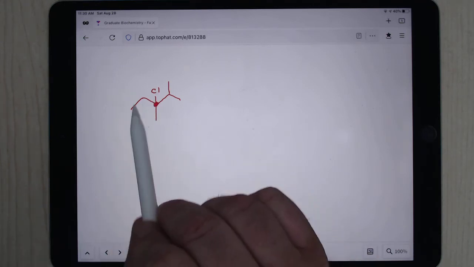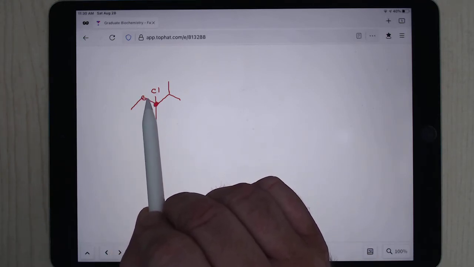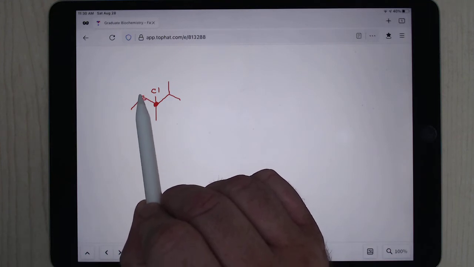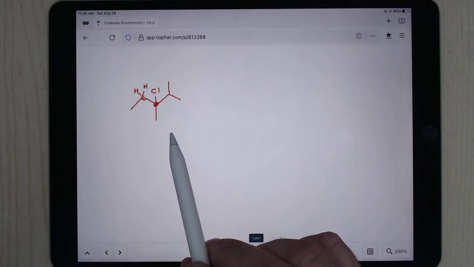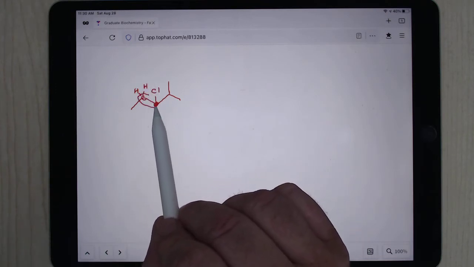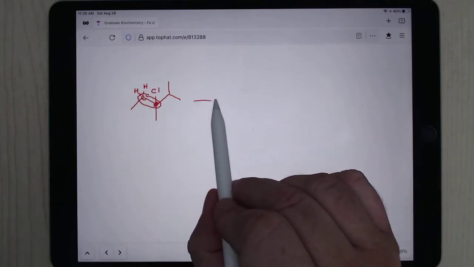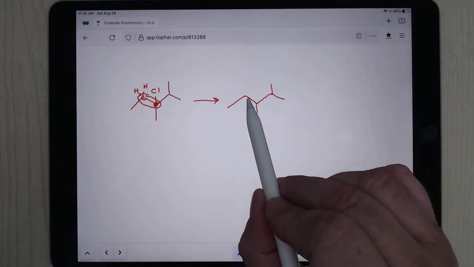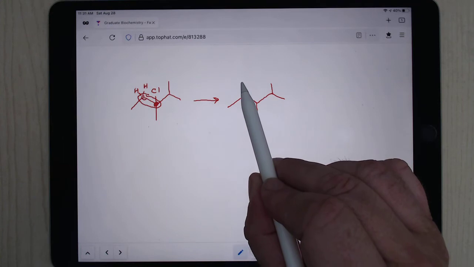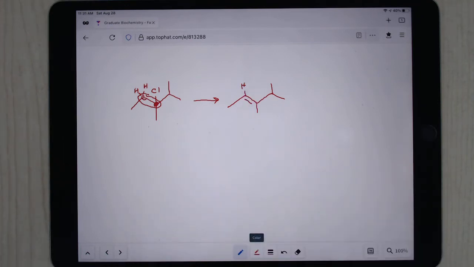So we're going to look over on this side, right? Well, that only has 2 bonds shown, so it must have 2 hydrogens on it. We only need 1. Okay, so that means we can make a double bond here. Now we'll talk about cis and trans in a bit.